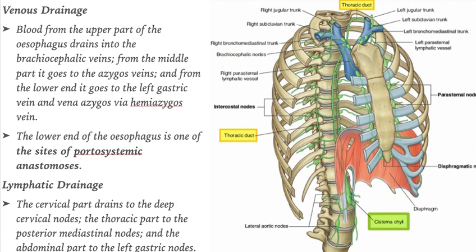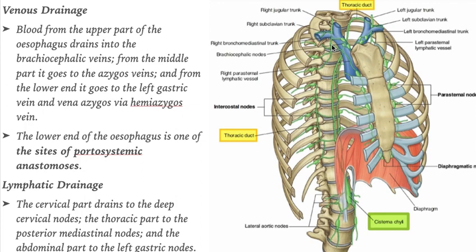Venous drainage. Blood from the upper part of the esophagus drains into the brachiocephalic veins. From the middle part, it drains into the azygos vein, and from the lower end, it goes to the left gastric vein and the azygos vein via the hemiazygos vein.